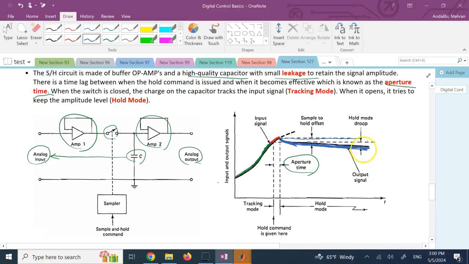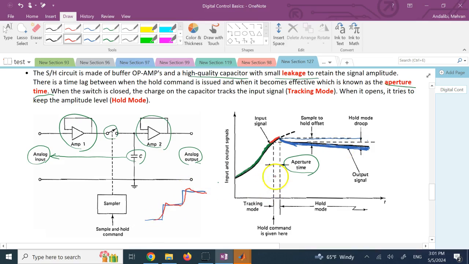So if it's a good capacitor, the slope of this drop is small, and this is how it is going to behave. So when you look at the output of the S&H circuit, it's not going to be perfectly straight like this. As you can see, it comes from here, goes up, then drops a little bit, then goes up, and then drops a little bit like that.